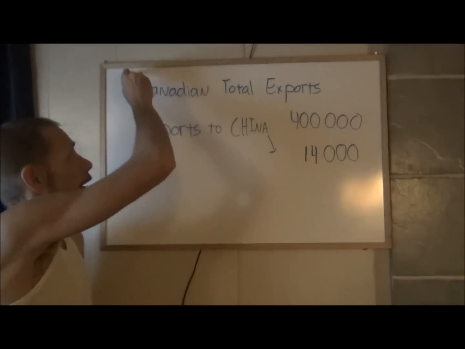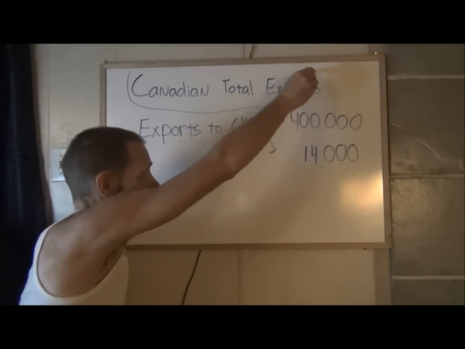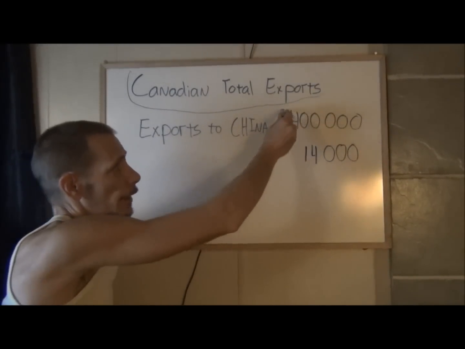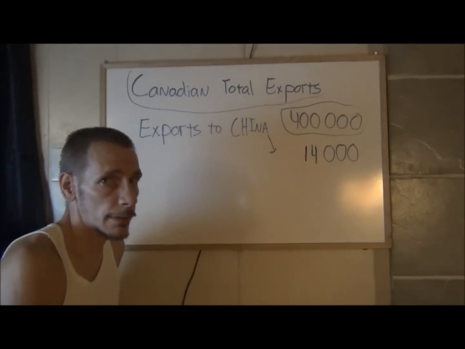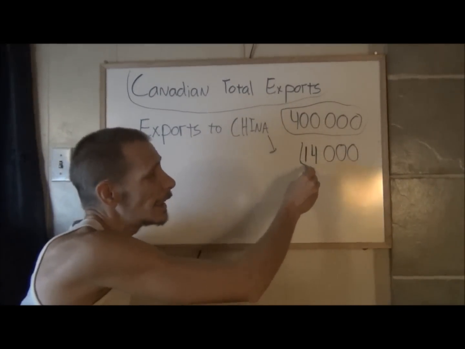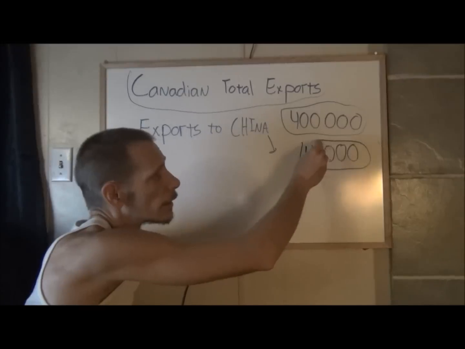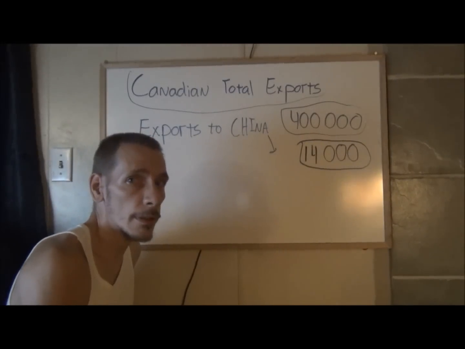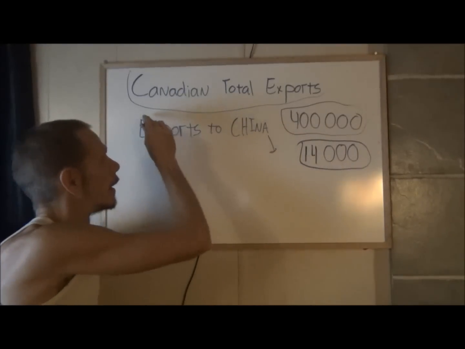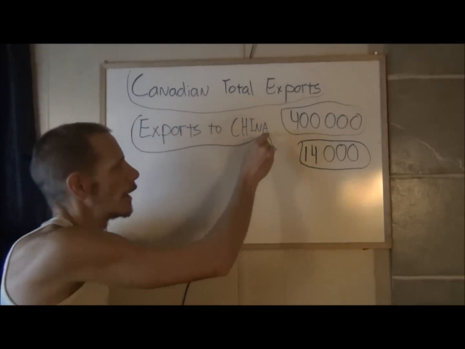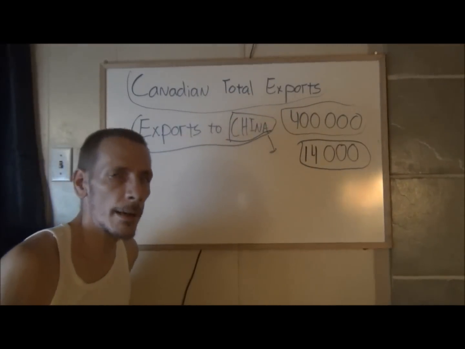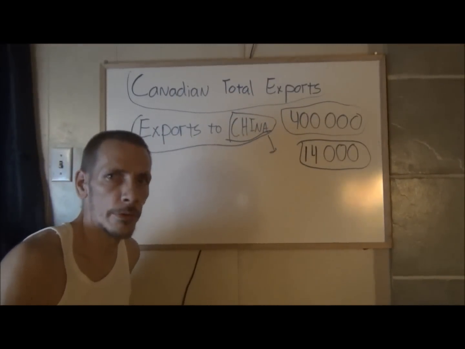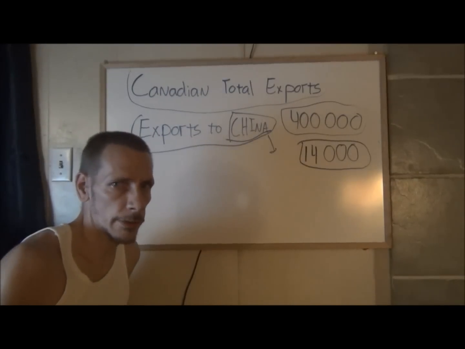Canadian total exports are 400,000 units. Of those 400,000 units, only 14,000 are exports to China. So China is not going to make up the market that we lose if the American economy crashes.